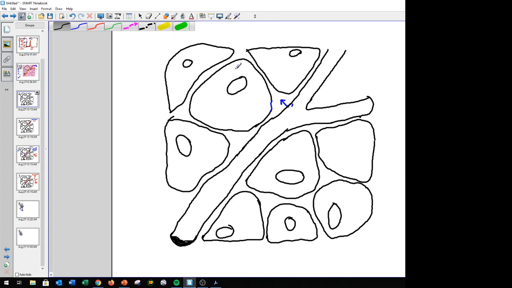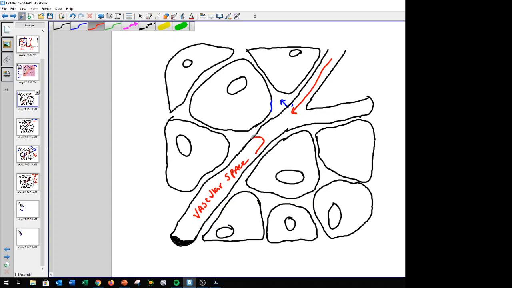Okay, so water's gonna, if you give this hypotonic solution, it's gonna enter the vascular space. But it's not going to stay there, is it?